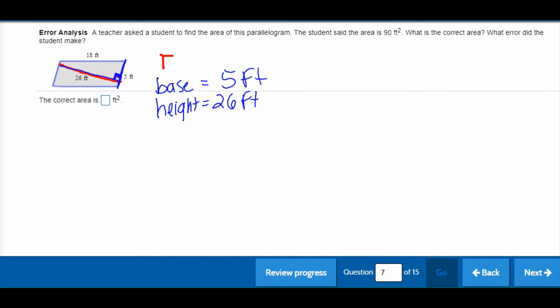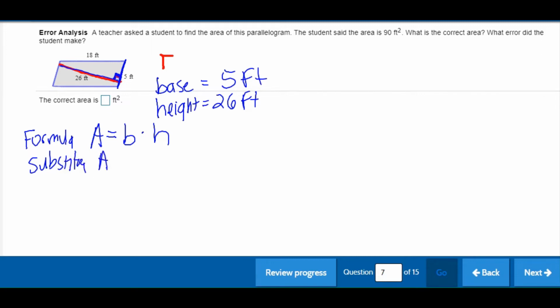And we have feet. Now, since a parallelogram is a rectangle that's been shifted to the side, we're going to use the formula for a rectangle, area equals base times height, because they both take up the same amount of space. And then we're going to substitute. You always start with a formula. And then we want to substitute.